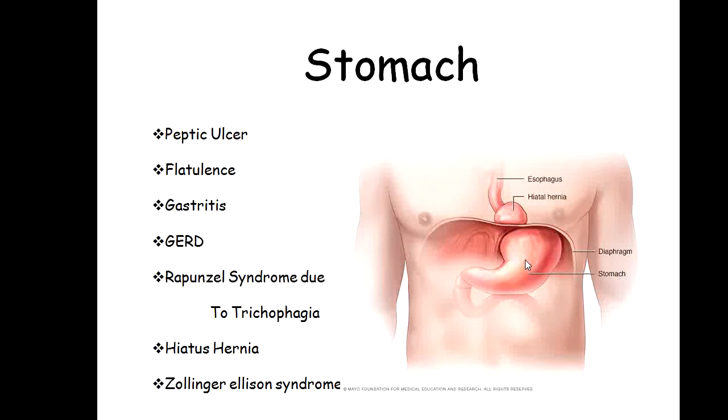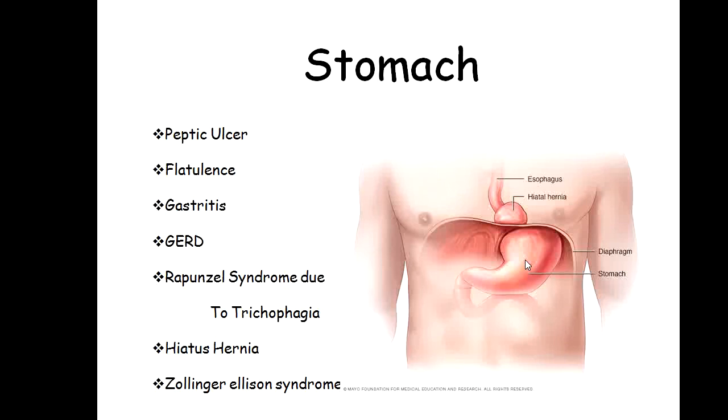When the number of G cells increases inside the stomach due to a tumor, this leads to the production of a high amount of gastrin, and a high amount of gastrin secretion takes place inside the stomach. What will happen? The high amount of gastrin will go into the systemic circulation, and a high amount of HCl will be secreted, because this gastrin stimulates the secretion of protons from the parietal cells.